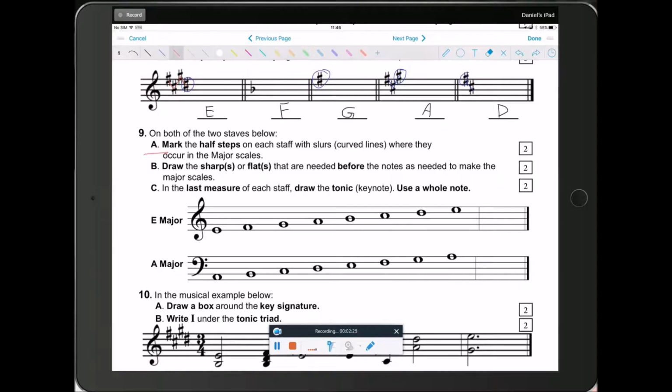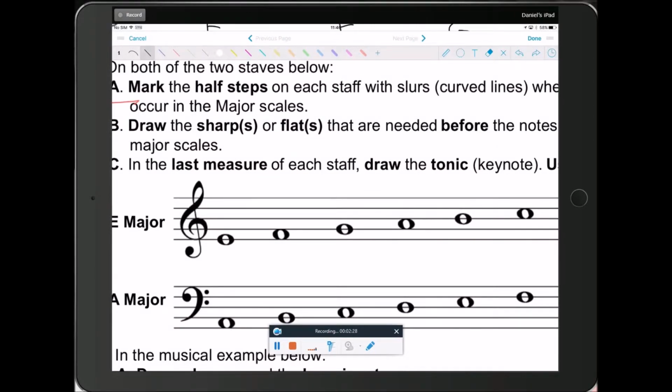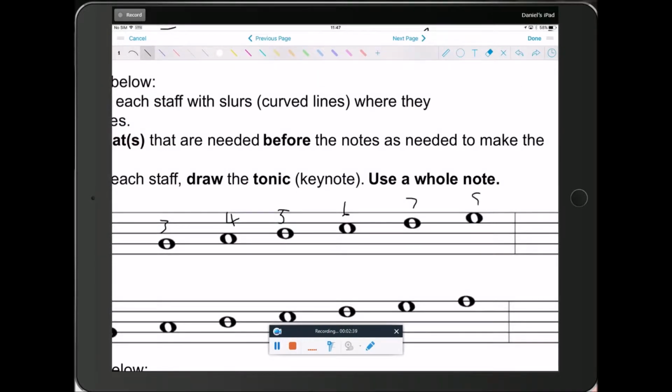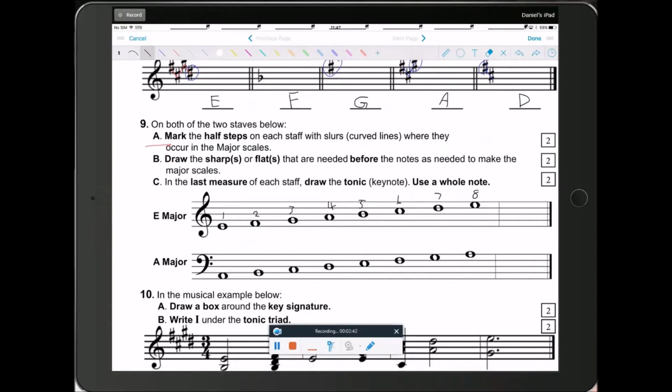If we number all the notes 1, 2, 3, 4, 5, 6, 7, and 8, the half steps of a major scale will always be between numbers 3 and 4 and numbers 7 and 8. Every single time. I think we did something like this in the 3rd grade theory time book, if I remember correctly. I don't have it right here in front of me.